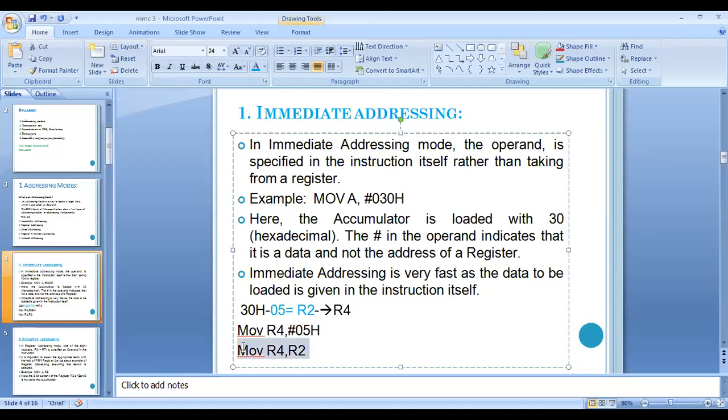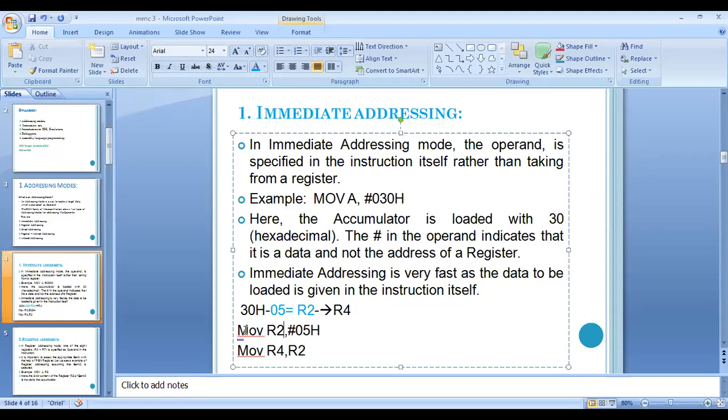So see here, by using this instruction, आता how the operation is going on: whatever the value of R2, it is going to be copied into R4. Means whenever I want to use the register addressing mode, I have to first copy that value into the register, and in the second step I have to mention the name of the register. Is it okay? See, 05 is assigned to R2, and then in the second step whatever the value of R2 is going to transfer to R4.